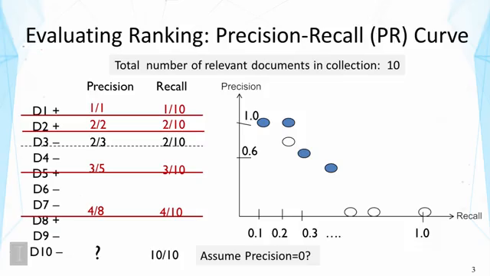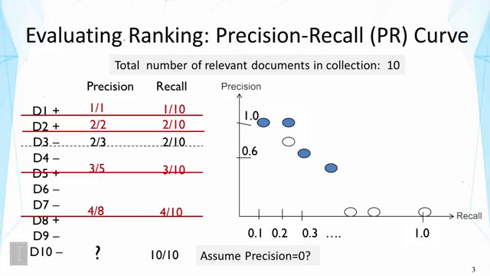The precision levels are marked as 0.1, 0.2, 0.3, and 1.0. Right? So these are the different levels of recall, and the y-axis also has different marks for precision. So we plotted these precision recall numbers that we have got as points on this picture.